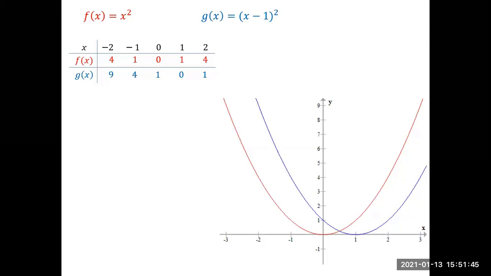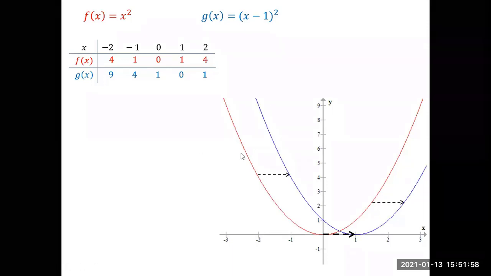And what we should recognize about this is that that blue graph looks identical to the red graph, except that it seems to have been shifted to the right 1 unit. In fact, every single point was shifted to the right 1 unit. And therefore, if we ever see some quantity being subtracted or added to x, that's going to also move my graph to the right 1 unit.